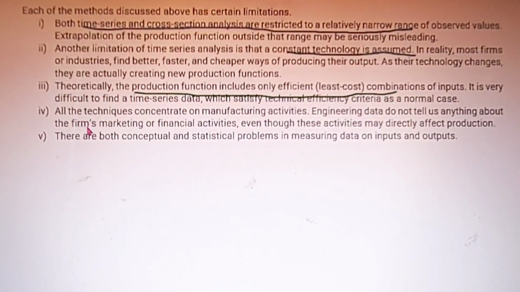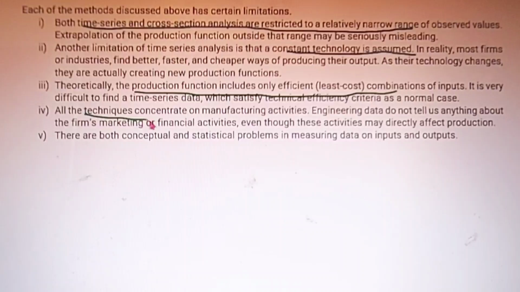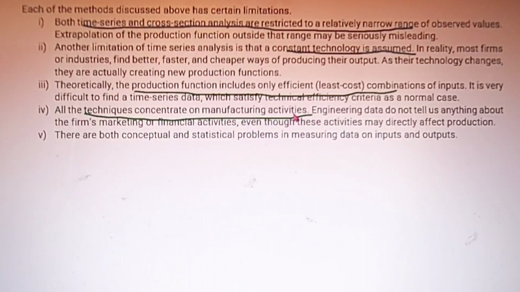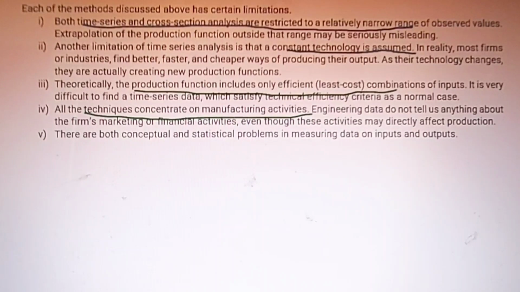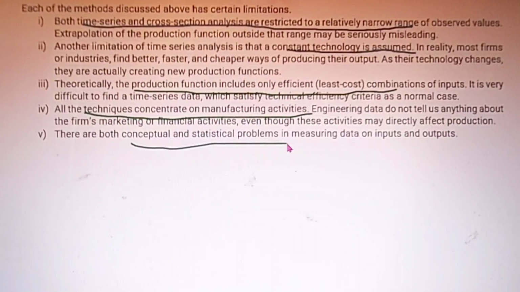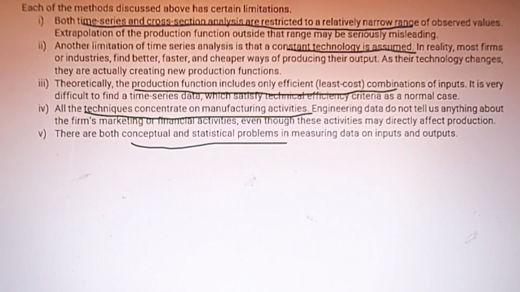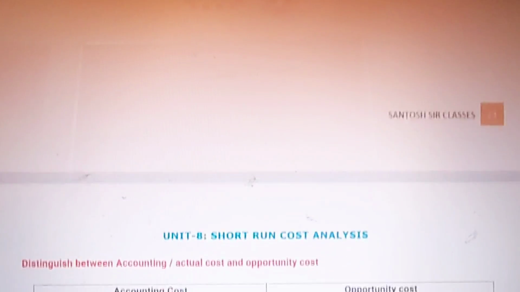The fourth limitation is that all the techniques concentrate basically on manufacturing activities, so the service sector and all other sectors are ignored, and there are both conceptual and statistical problems. And as we know, statistics itself is not very concrete and reliable because it is based on averages.